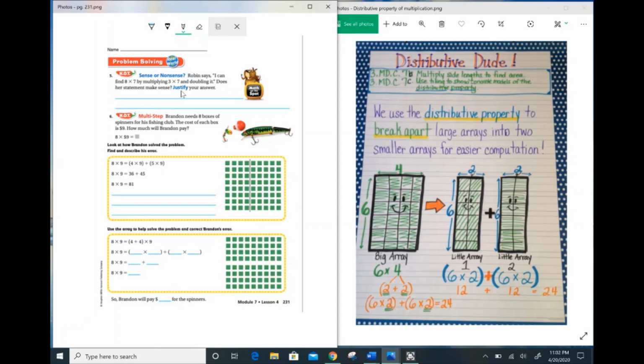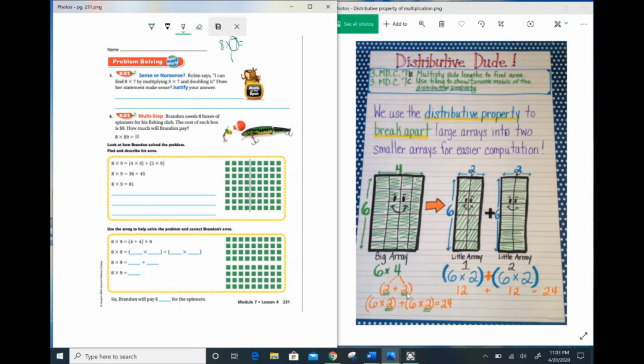So I know, boys and girls, that if I do 8 times 7, I'm going to have to break one apart. So I'm going to use my anchor chart to help me. I'm going to break apart the 7. So what numbers can I add up that equal 7?